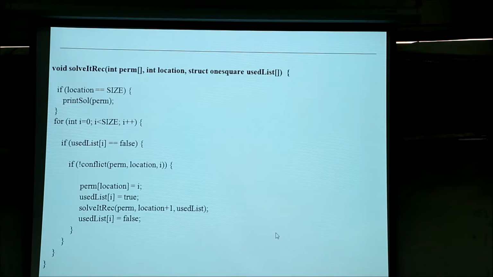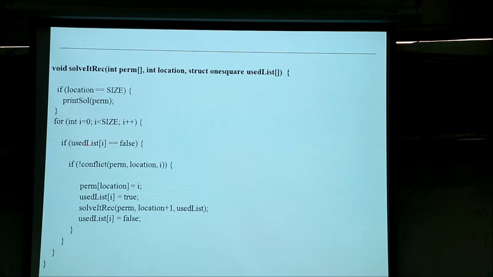Right, so that's the pseudocode for the 8 queens problem or the n-queens problem. This is the base case: if location is equal to size, where size here is 8 for the 8 queens problem and n for the n-queens problem, then you are already done and you return the solution. For all other cases, for i equal to 0 to size, you try to place a queen.